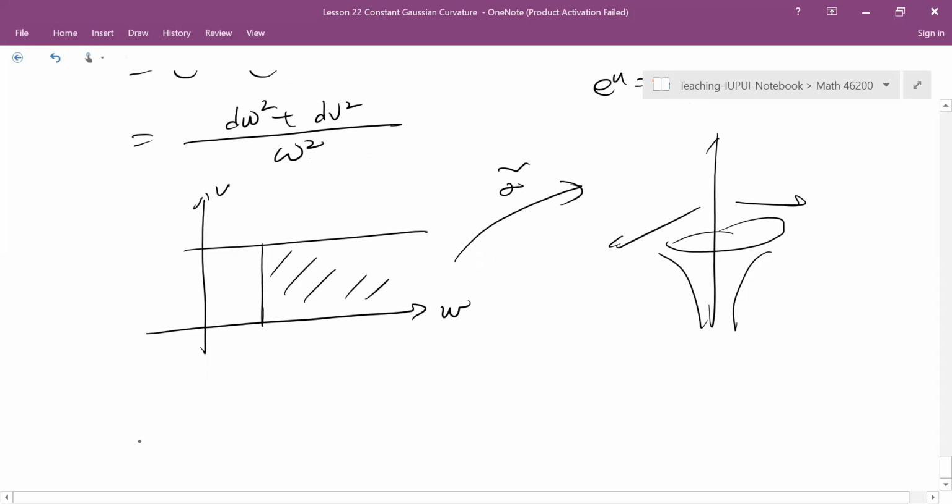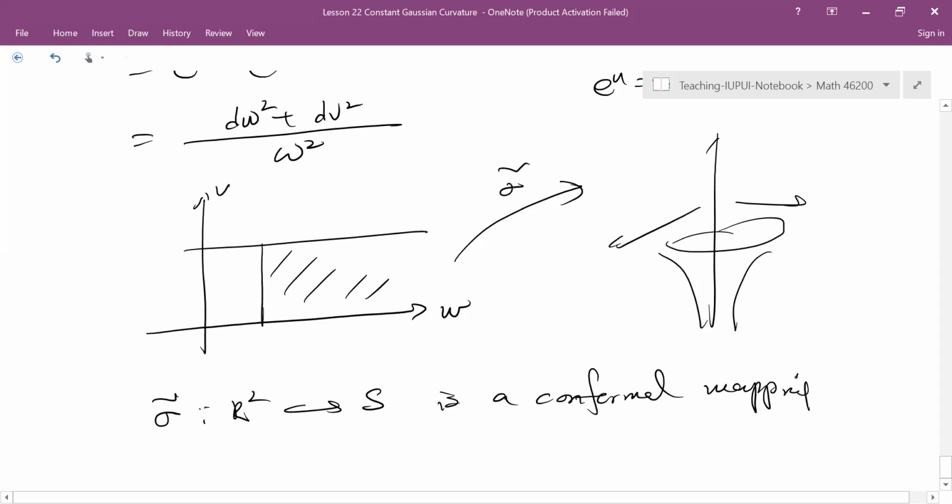It does not preserve the distances, but preserves the angles. So sigma 2 is actually going to map R2 to the surface. So this is a conformal mapping. It's interesting, right? After you modify. And along this circle, w is going to be 0.